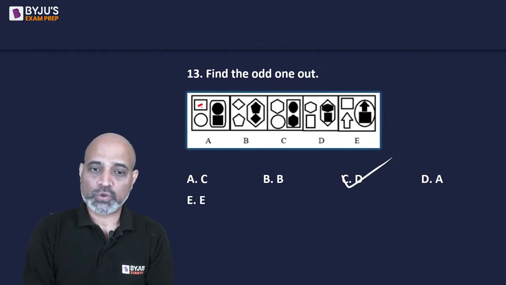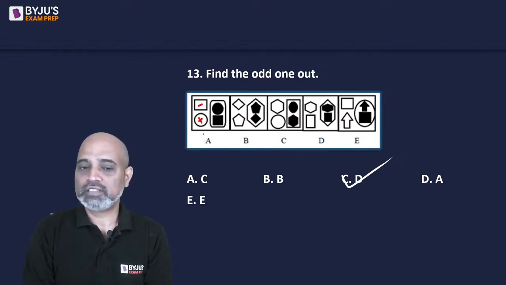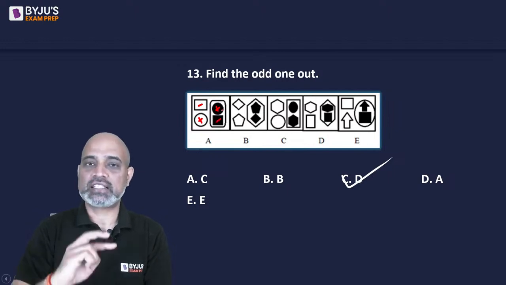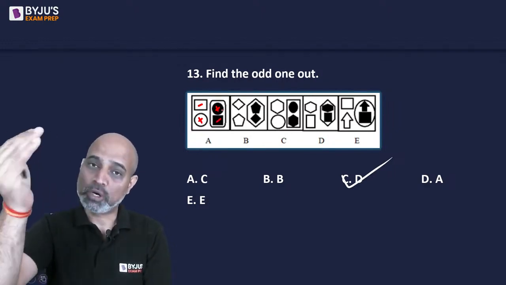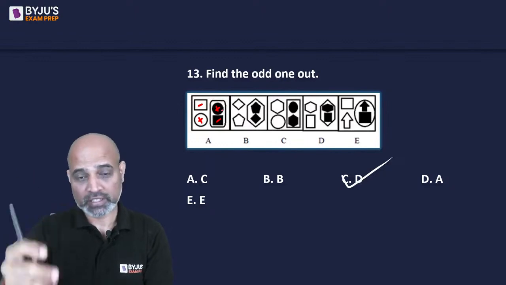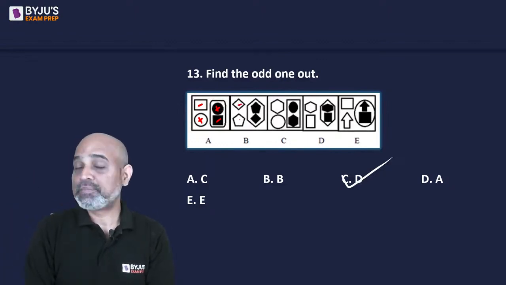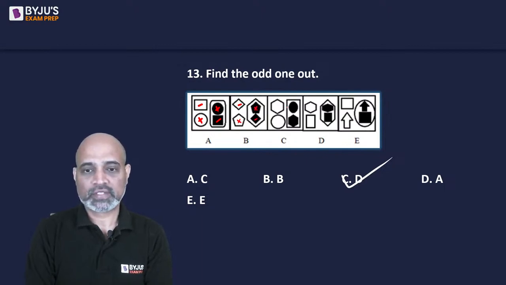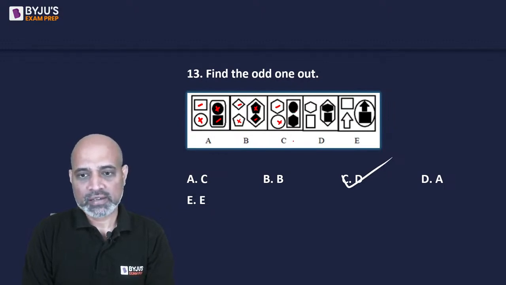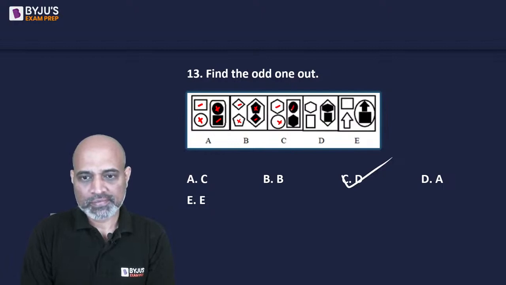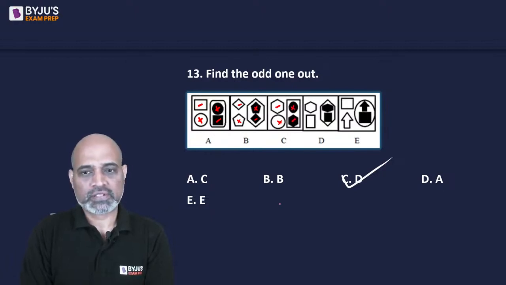You have got a square and a circle. They interchange, as in the bottom one goes to the top and the top one goes to the bottom. Same is true for the diamond and the regular pentagon. Same is true for the hexagon and the circle. Same is true for the square and the arrow.